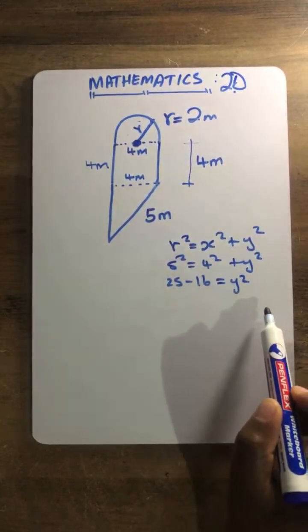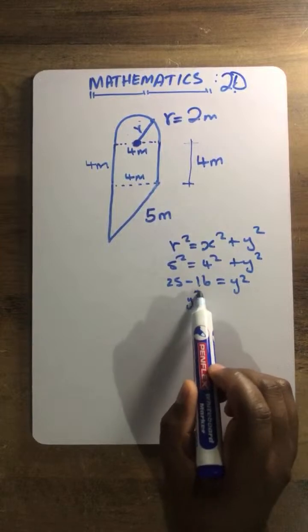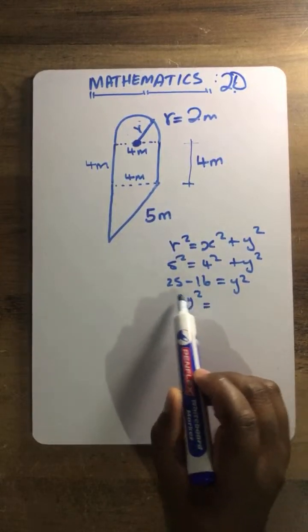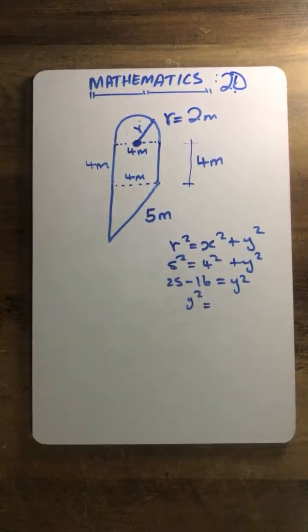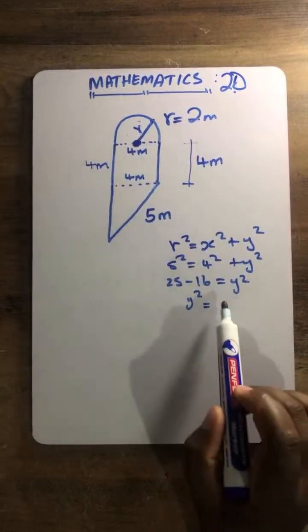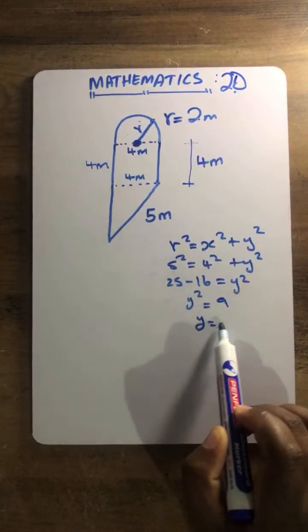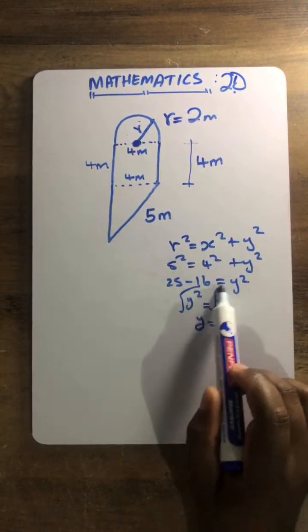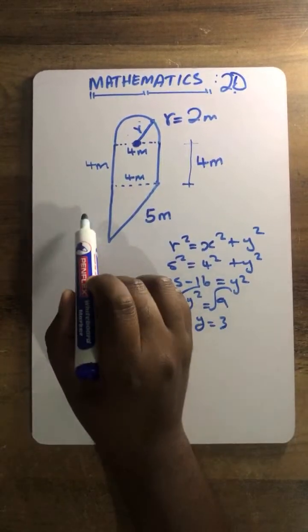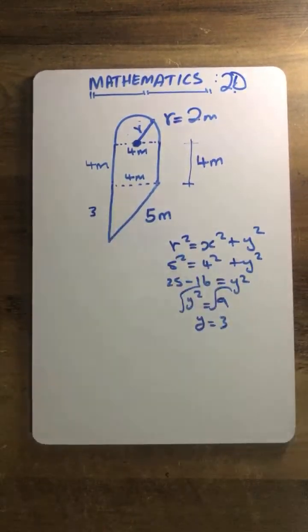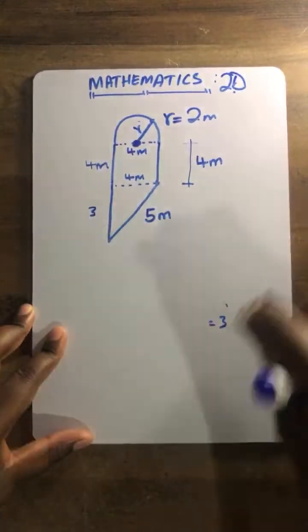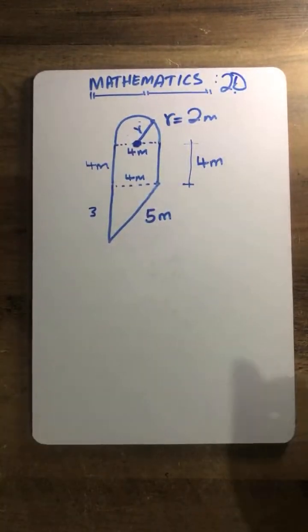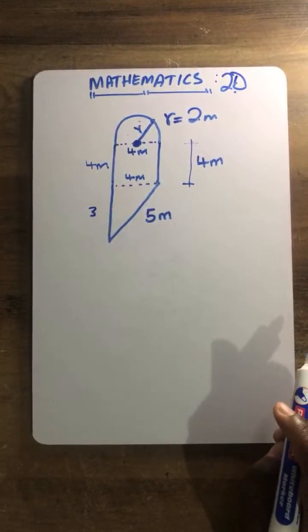So y squared is 25 minus 16. Is it 9? Yes, it's 9. So y is equal to the square root of 9, which is 3. So this side is actually 3. Nothing is drawn to scale there, honorable members. The calculations will tell what the side is.